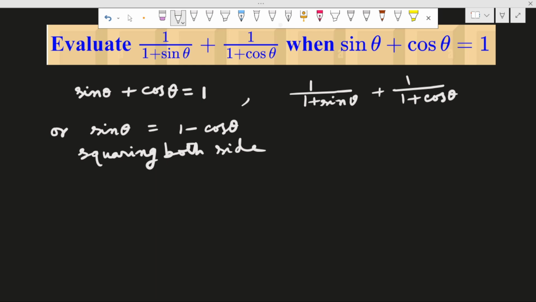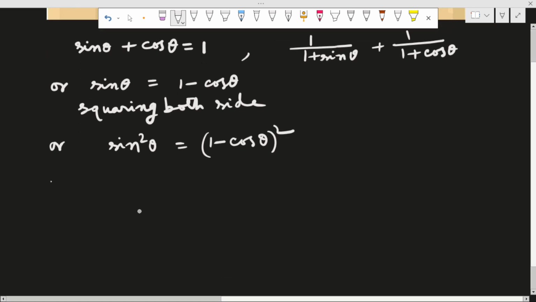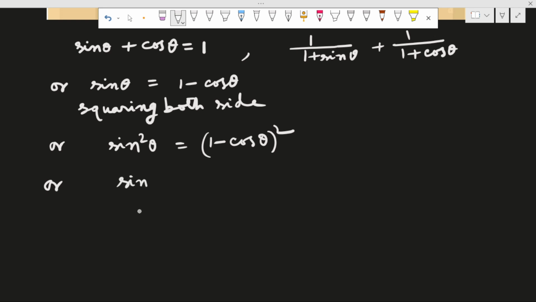This equation can be reduced to sin square theta. Now expand the right hand side. Here, involving sine there is only one term, sin square, but involving cos there are terms minus 2 cos theta plus cos square theta.